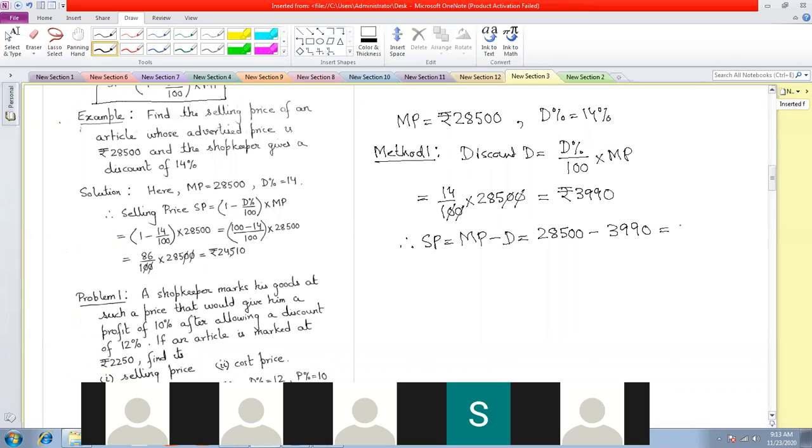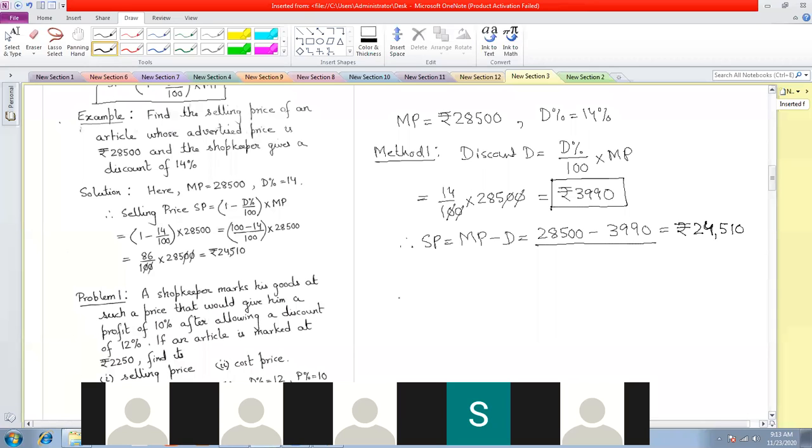So this comes to 24,510. This is your first method, where you calculate the discount and then subtract it from the mark price to get your selling price.